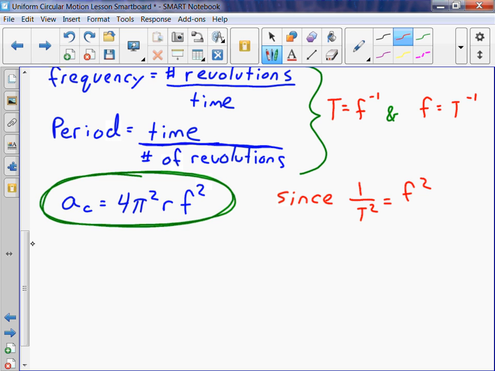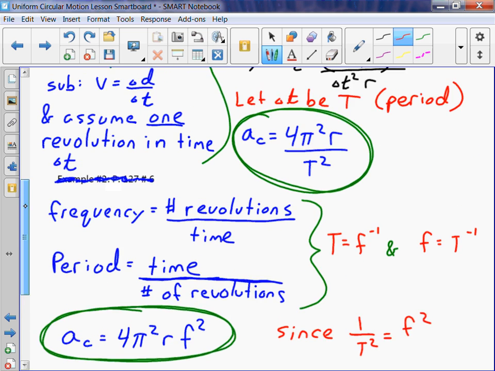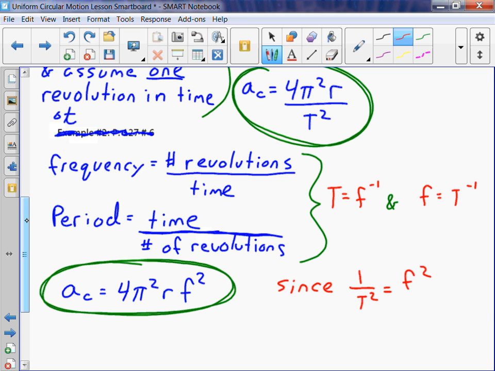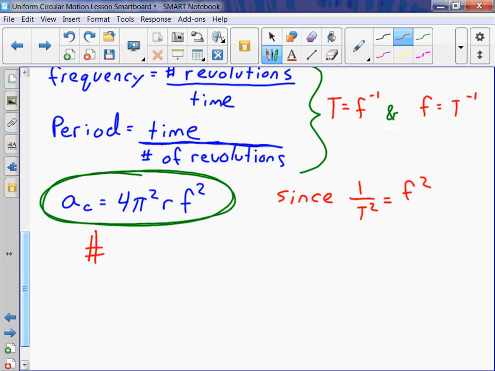Okay, so we're taking that T squared in the denominator, making it f squared in the numerator. So 4 pi squared r f squared. Number 3.